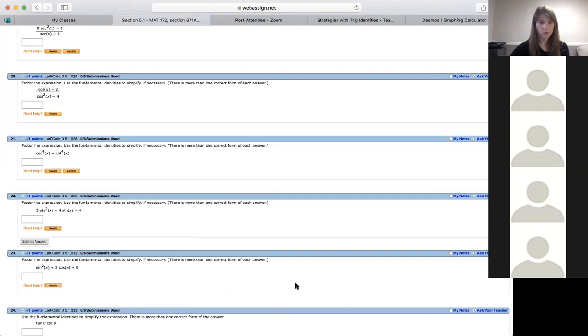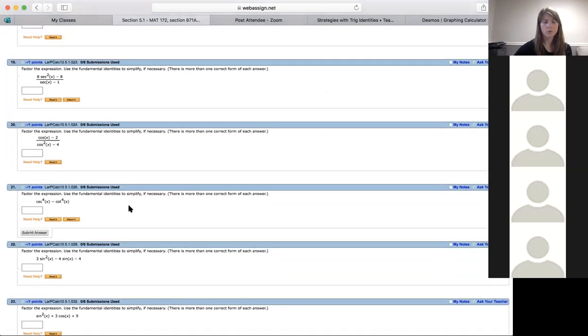Okay, so I don't see anyone dropping one in, so let's just pick one. So let's actually take a look at maybe 21. 21 kind of stands out to me because we've seen some quotients today. We've seen some other ones, but we haven't seen any higher powers.